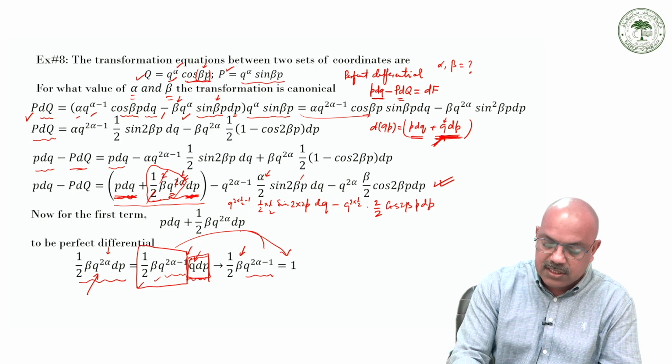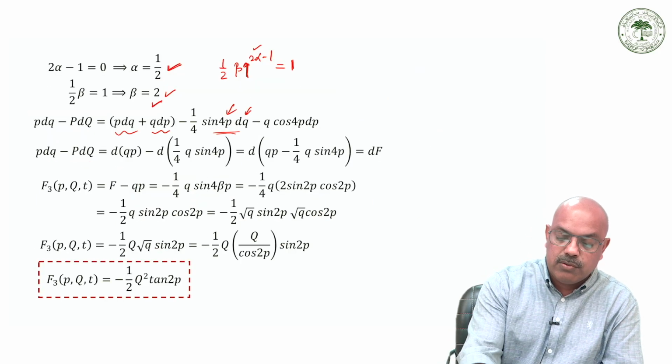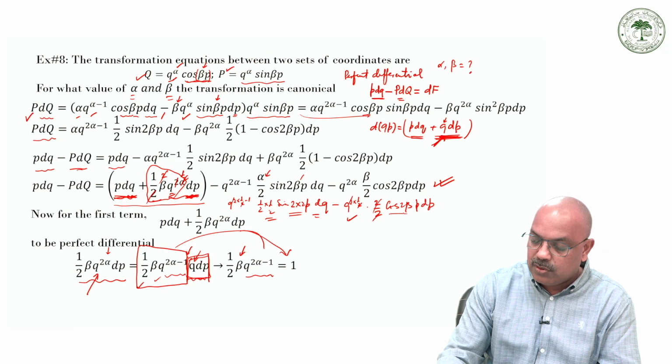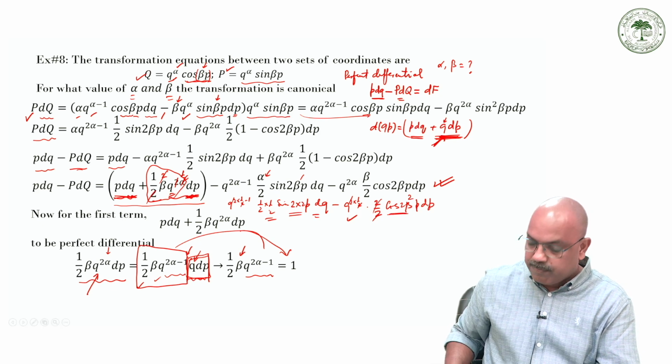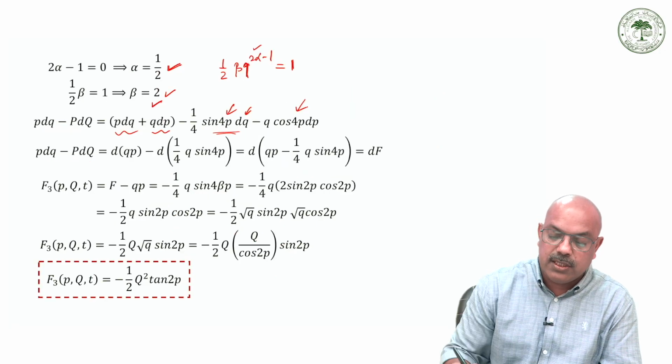So what do you have, this 2 will cancel out, so 1 minus 1 is 0, this is q to the power 0, so you have 1 by 4 sine 4p dq. And then this is q, and this will cancel out, q cos, and this beta is 2, cos 4p dp. So this is going to be q cos 4p dp.